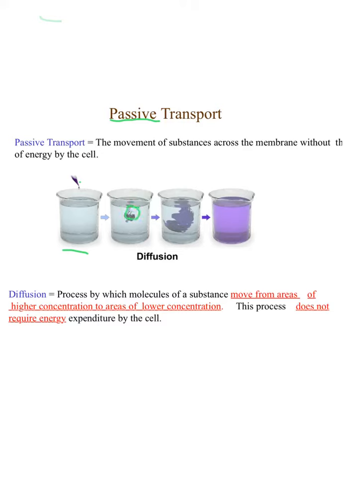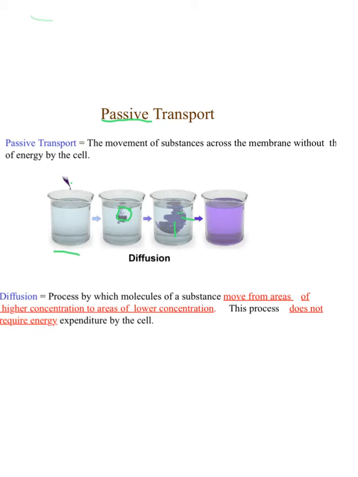But because those dye particles are moving along with the water molecules, some of the dye particles are moving this way, some of them are moving that way, or that way, or that way, and all the way around, and eventually they're going to kind of sort of spread themselves out.